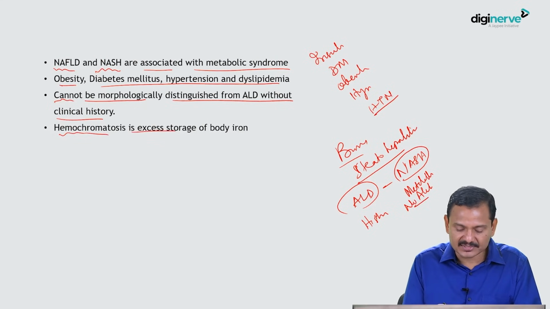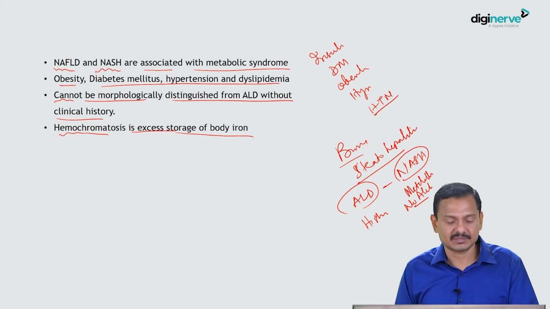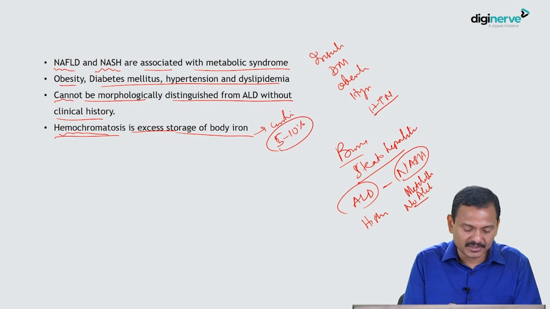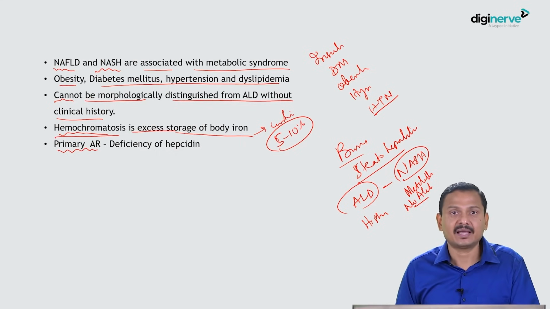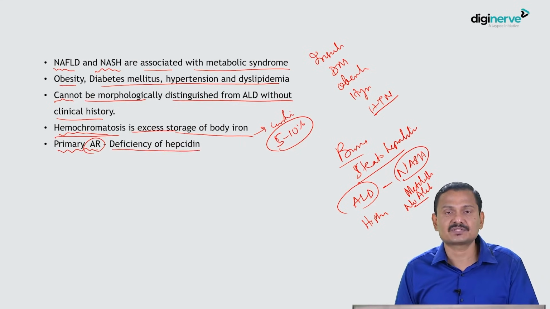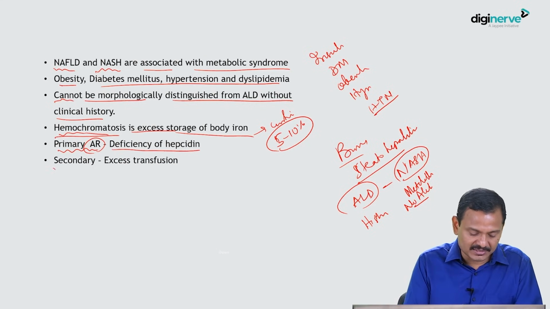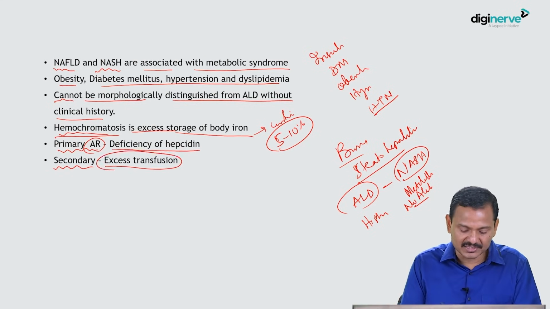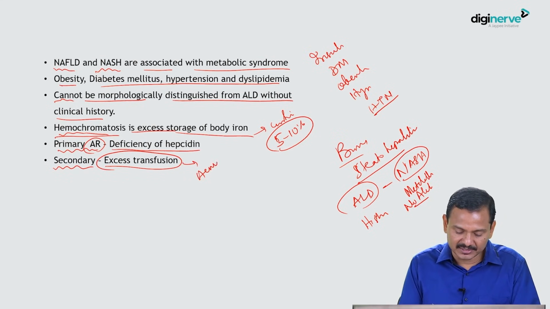Hemochromatosis is excess storage of iron in our body, and that is another cause of cirrhosis. Around 5 to 10% of cirrhosis cases come from hemochromatosis. It can be primary, autosomal recessive, because of deficiency of hepcidin, whereas it can also be secondary because of excessive transfusion in hemolytic anemia.